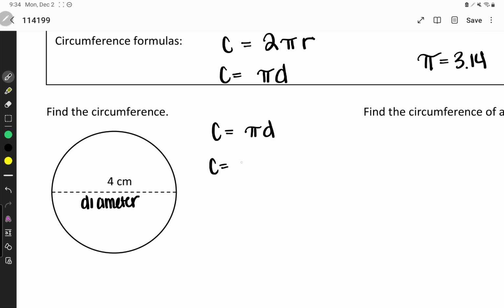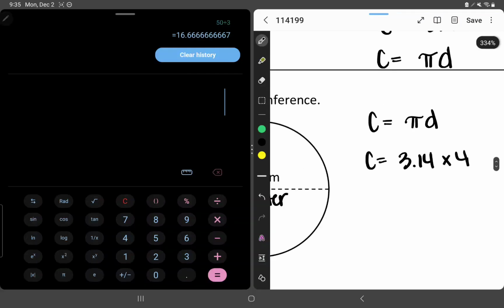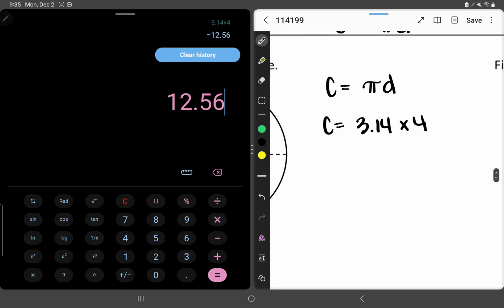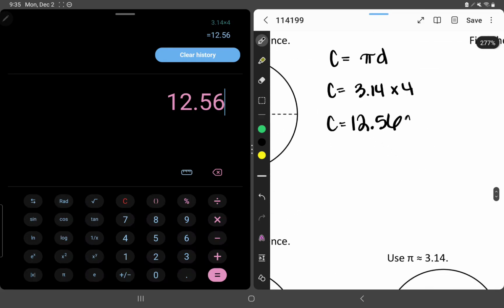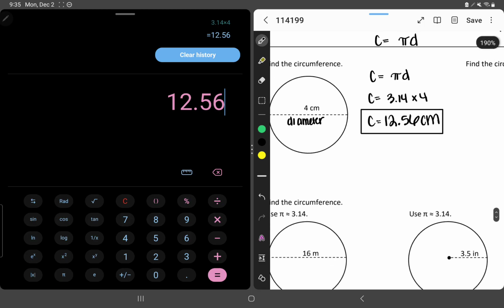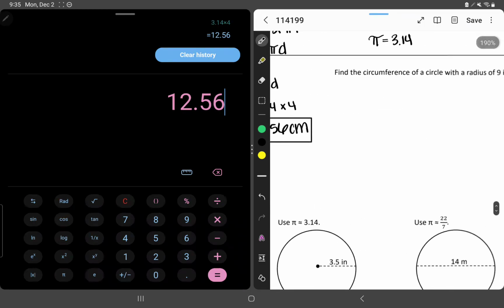So circumference equals 3.14 times 4. And I'm just going to quickly do this on a calculator. And that gives us that circumference equals 12.56. And this right here is measured in centimeters, so our circumference is measured in centimeters. So if you're given a diameter, all you have to do is multiply it times 3.14.